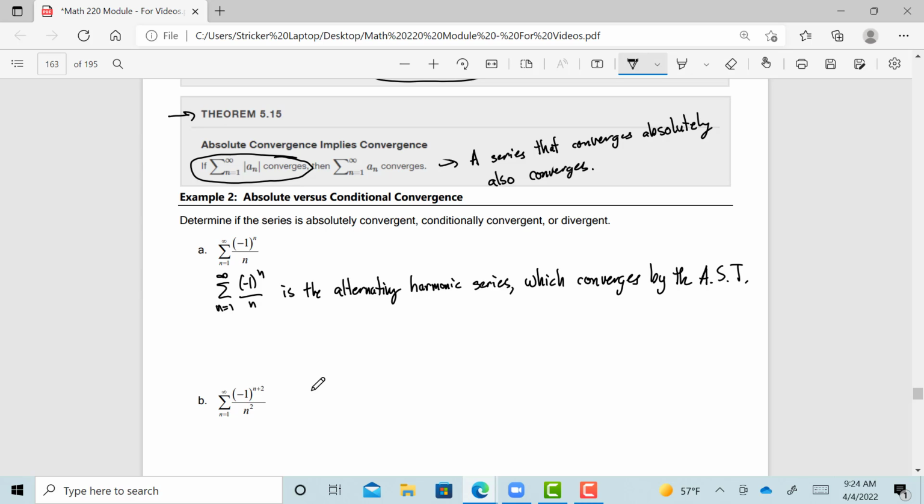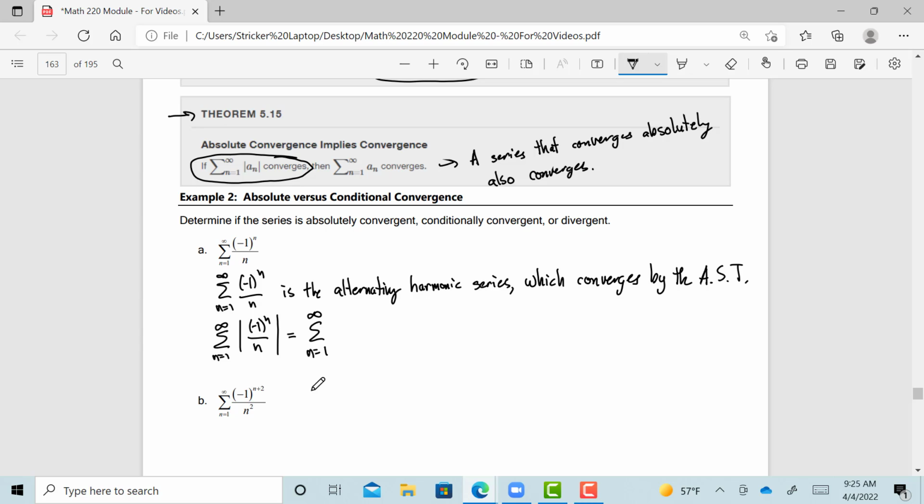So if we say absolute convergence, the sum from n equals 1 to infinity of the absolute value of negative 1 to the n over n. Well, what's that series equal to? If we take its absolute value, what's going to happen to the series?